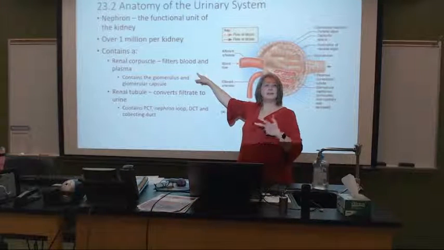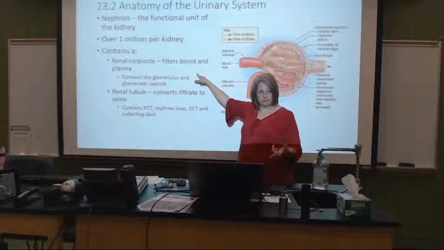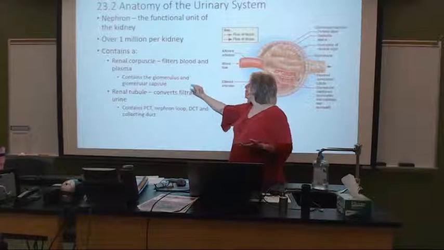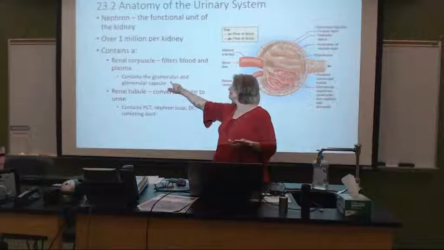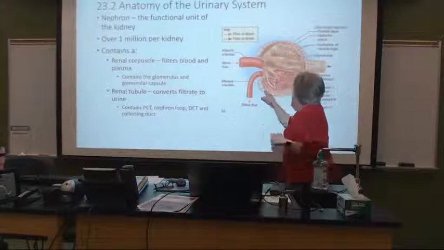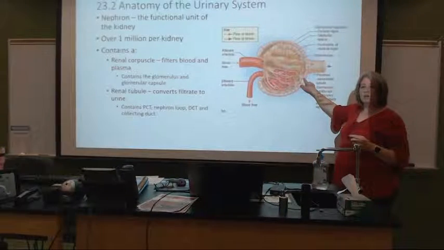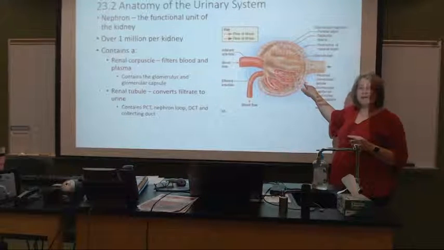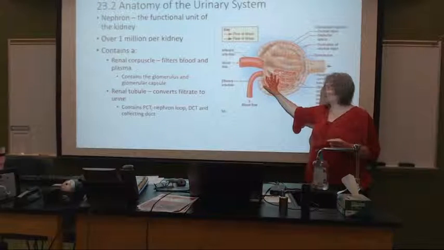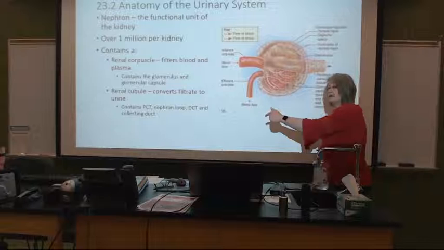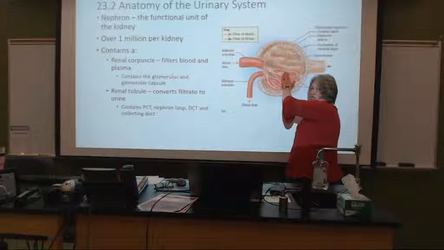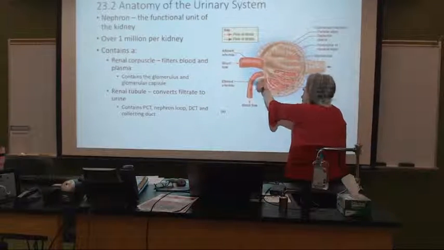Because if you remember, plasma is the matrix of blood, and it's carrying ions, nutrients, and that sort of thing. So, that contains my glomerulus, and around that is a capsule called the glomerular capsule. Now, the goal at this point, have my blood flow move into this structure, this glomerulus, and leave.